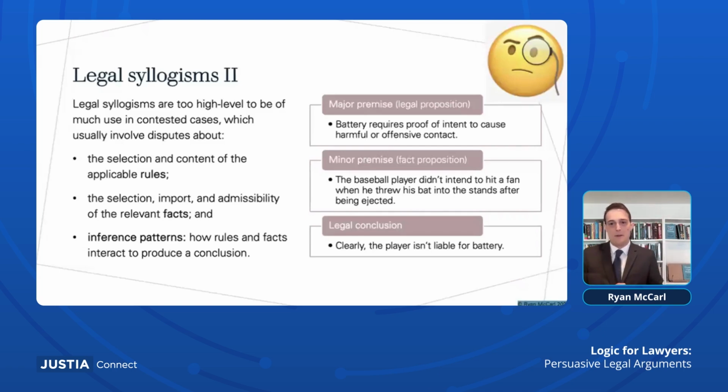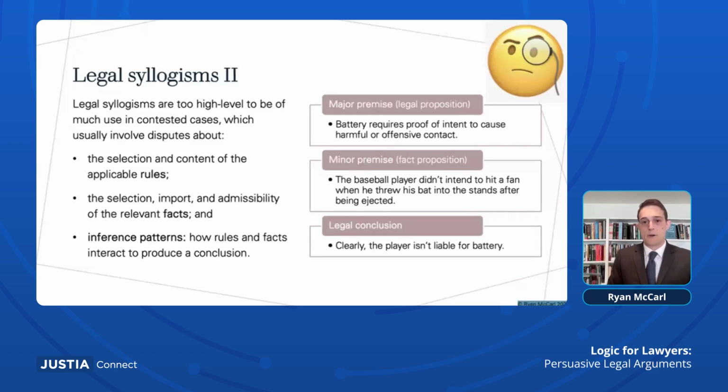So here's an example of a syllogism that is superficially appealing, but not a convincing argument, hence my emoji choice. Major premise: battery requires proof of intent to cause harmful or offensive contact. Minor premise: the baseball player didn't intend to hit a fan when he threw his bat into the stands after being ejected. Legal conclusion: clearly, the player isn't liable for battery.